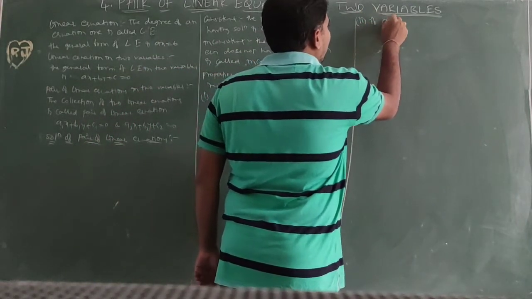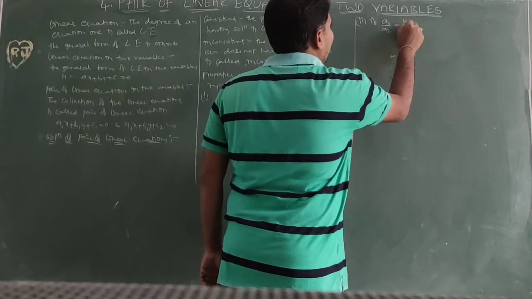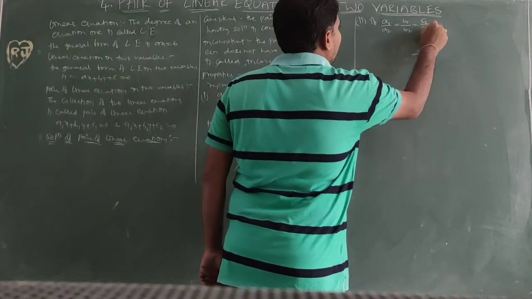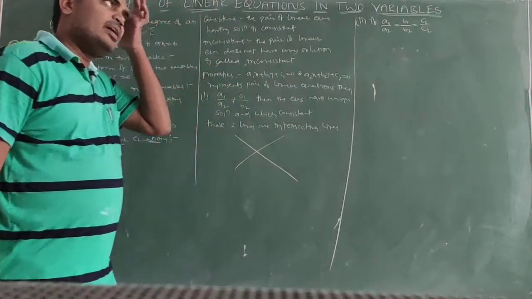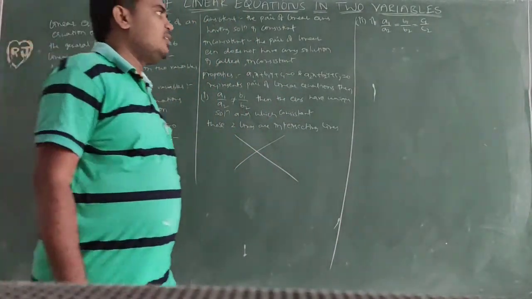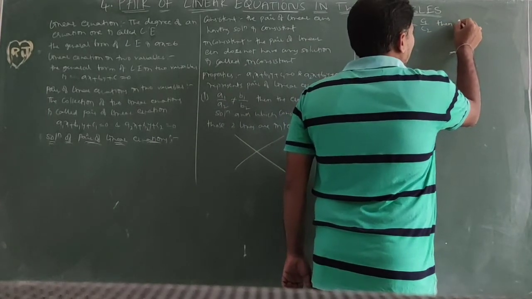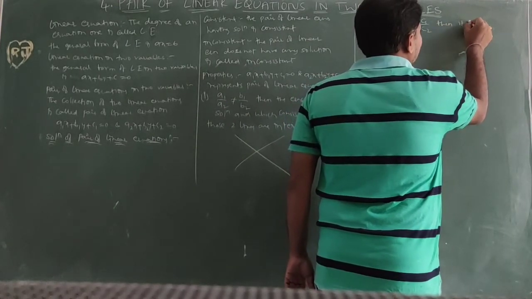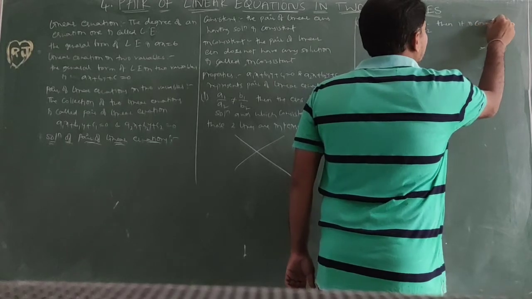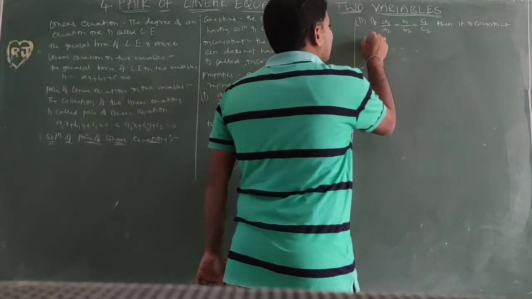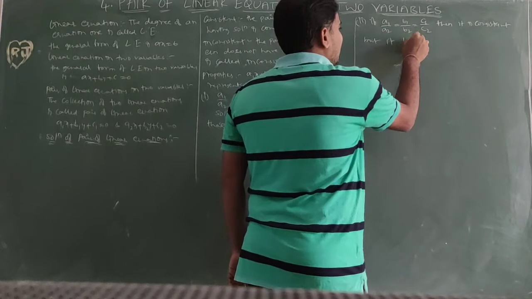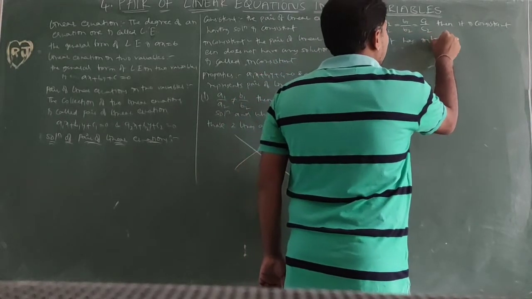Next, second: if a1 by a2 equal to b1 by b2 equal to c1 by c2, then it is consistent. Here also it is consistent, but it has infinite solutions.